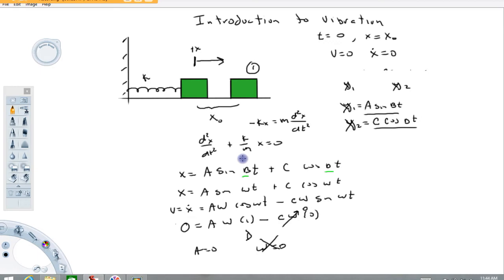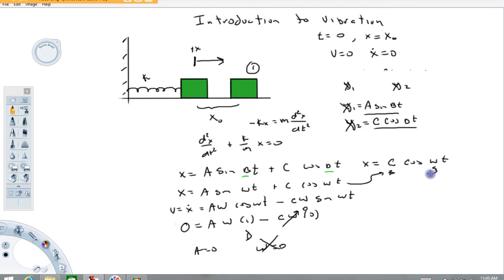It solves the equation but doesn't physically represent what's going on here. So the one we want is a equals 0, and our solution can be updated to x equals c times the cosine of omega t, where the constants c and omega still need to be determined.